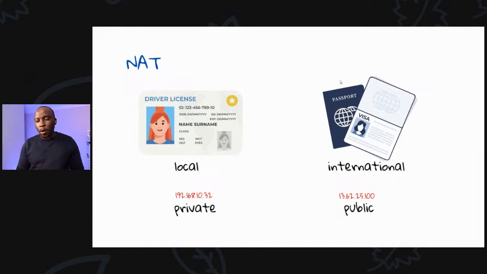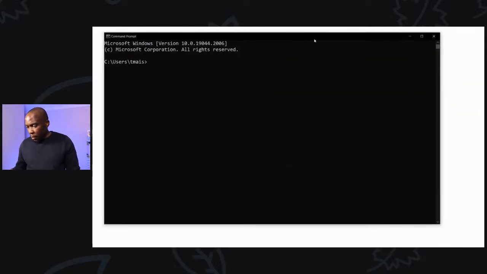When we're going onto the internet, we need public IP addresses. And I demonstrated that the last time by showing you my home network. And I'll just try and have a look one more time. Let me just see if I can zoom that up.